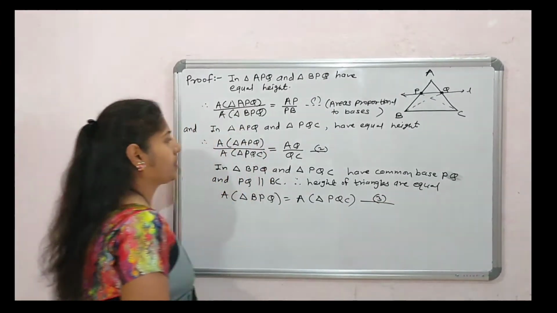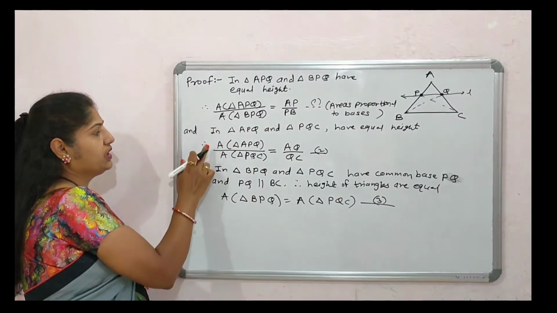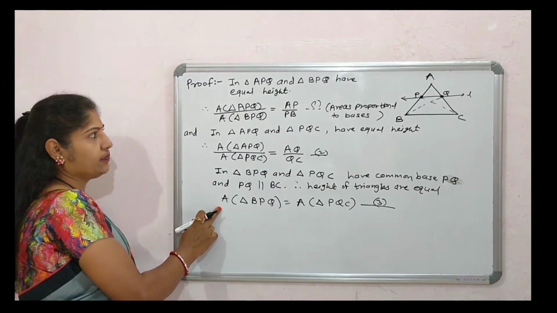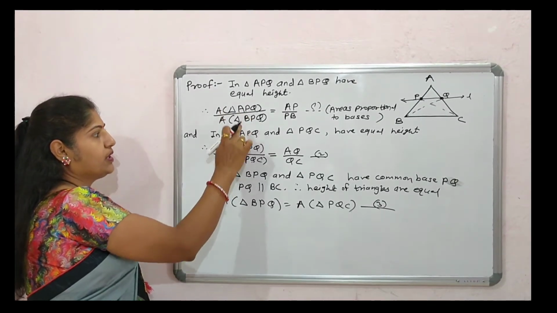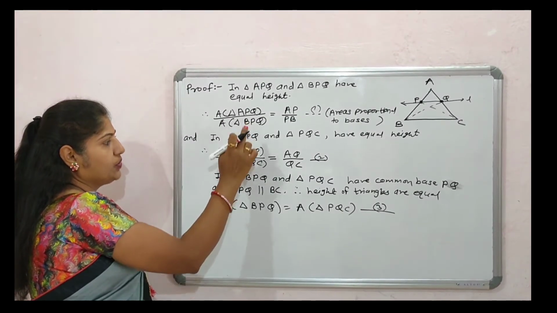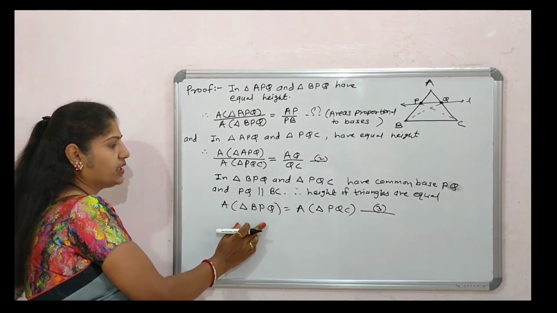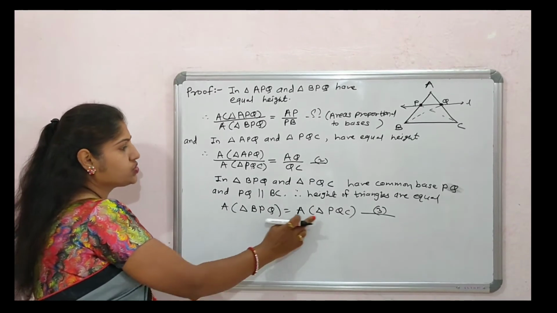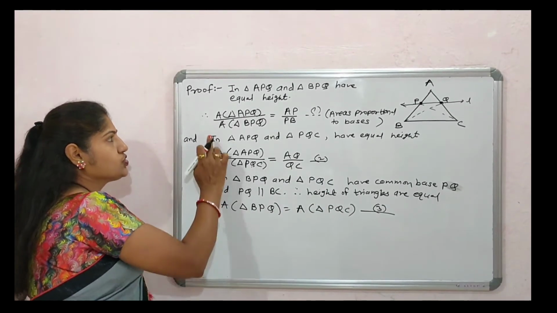Give this number 3. Look at equation 1, equation 2 and equation 3. The numerator is APQ, the denominators are triangle BPQ and triangle PQC, but in our third case these two areas are equal.